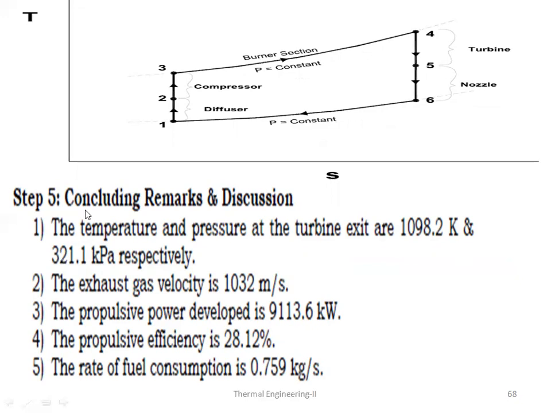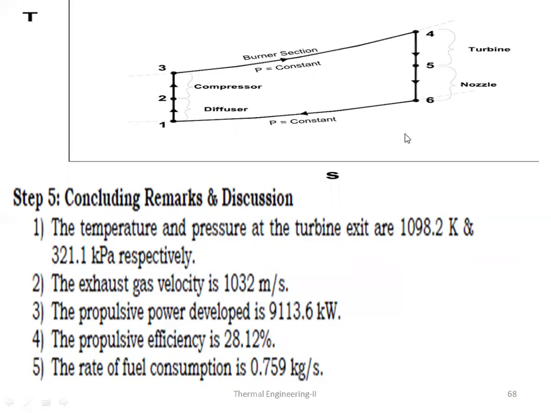In the conclusion, the first question is what is the temperature and pressure at the exit of the turbine, that is, what is T5 and P5. We calculated the temperature at point 5 as 1098.2 degrees Kelvin and the pressure as 321.1 kilopascals. Next, what is the exhaust gas velocity at point 6?